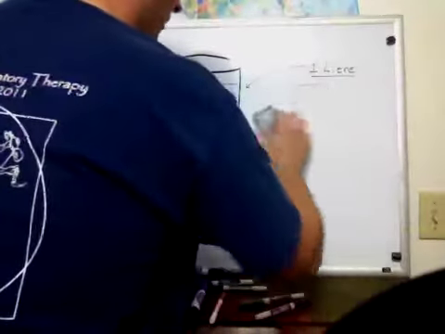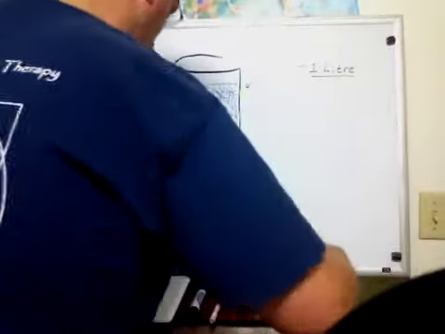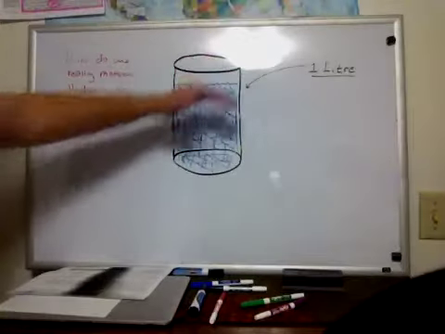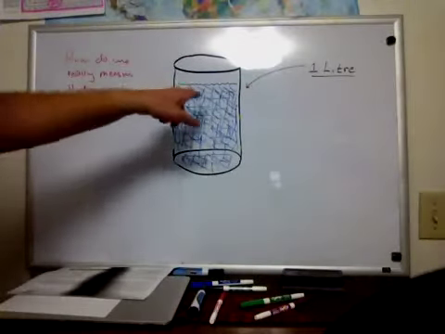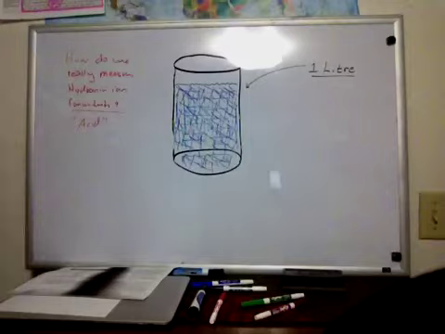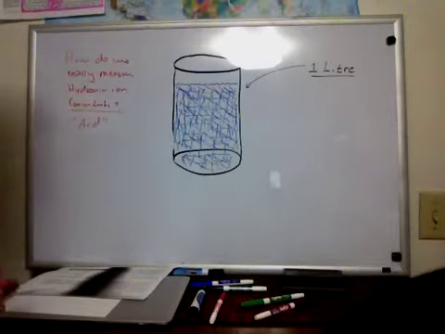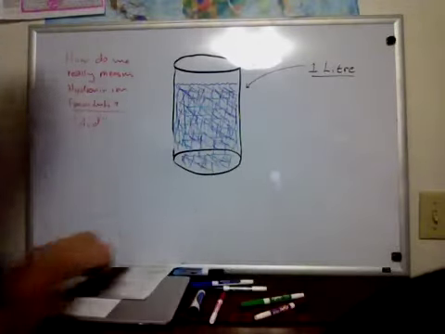So I'm just going to go ahead and erase this. And if you can see, I have a little container here, and if you can imagine that I have 1 liter of fluid, we'll say water at a neutral pH, even though we don't quite know what pH is yet, or maybe some of us do and some of us don't.